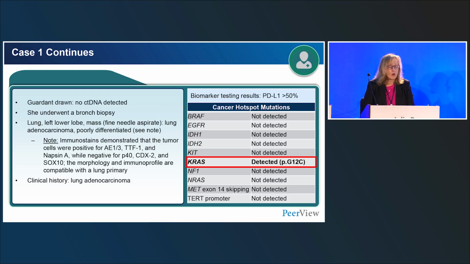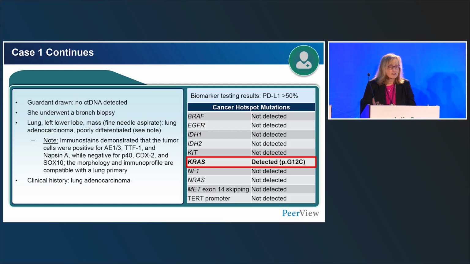All right. So she came to the clinic. We did draw a Guardant. She underwent a bronchoscopy and a biopsy of the left lower lobe. That showed adenocarcinoma, poorly differentiated, TTF1 positive, negative for the markers for squamous, and our pathologist felt it was consistent with lung primary.